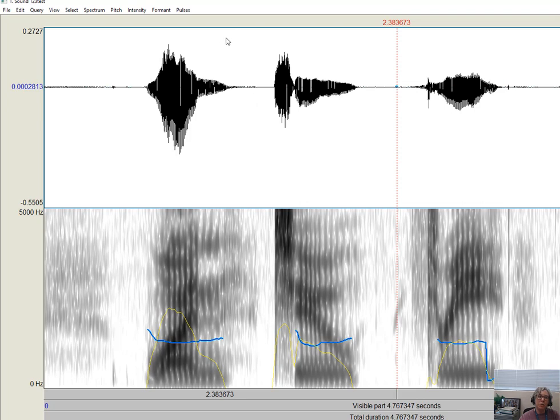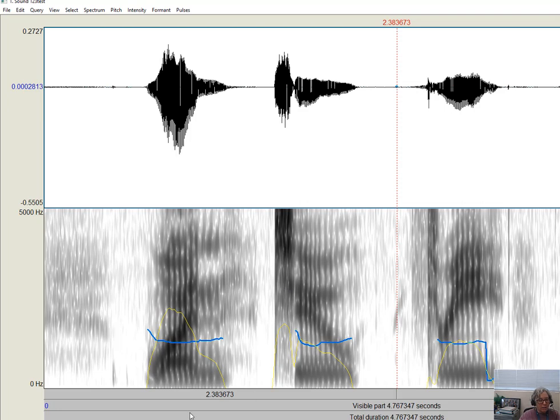If you just look at this top part of the sound file, what you're going to see is the amplitude part of the file. So when I said 1, you can see my amplitude. 2, 3.